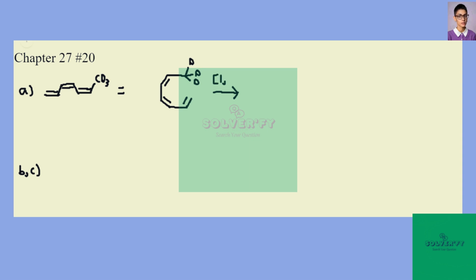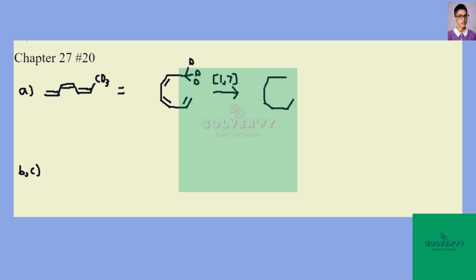So we can use the proper notation with the brackets. So it's going to be a 1,7. And then we can draw at least the carbon backbone of the molecule, because that's not going to change. We're just talking about a rearrangement of this deuterium atom.